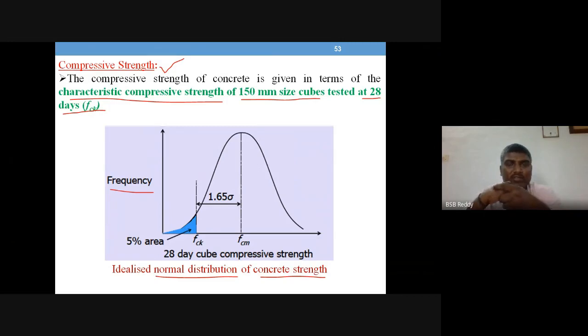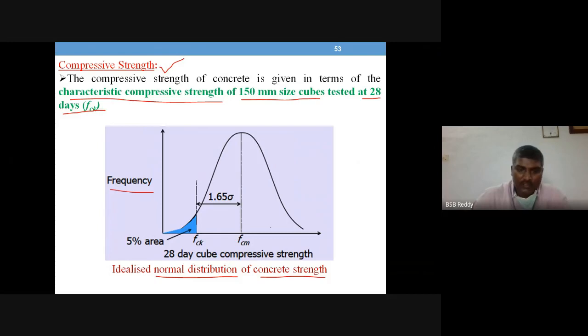The compressive strength of concrete is conveyed by the characteristic compressive strength of a 150 size cube at 28 days, which is referred to as fck.